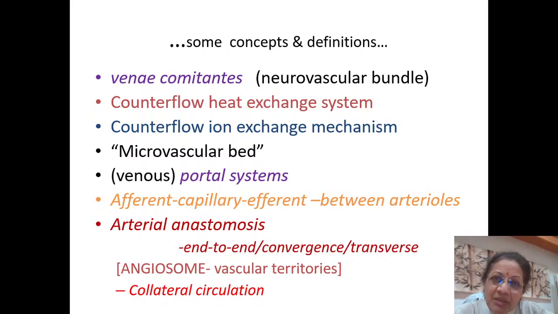Similarly, there will be a nerve supply territory. There will be a lymphatic drainage territory. So if you look at it from the cellular point of view, that whole bunch of different kinds of cells available in that tissue or organ, which are perfused by a singular artery-vein system, can be thought of as a microvascular bed.